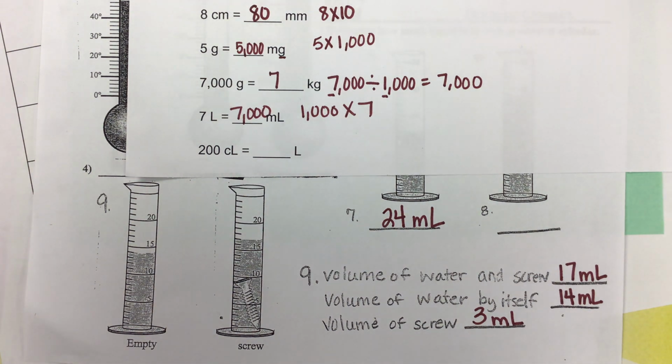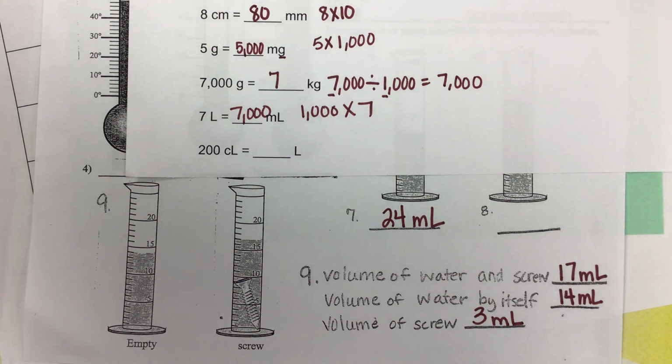100. 1 meter has how many centimeters? 100. Okay. 1 gram has how many centigrams? 100. Cent means 100. Everyone say it. Cent means 100. How many centimeters are in this meter? 100.